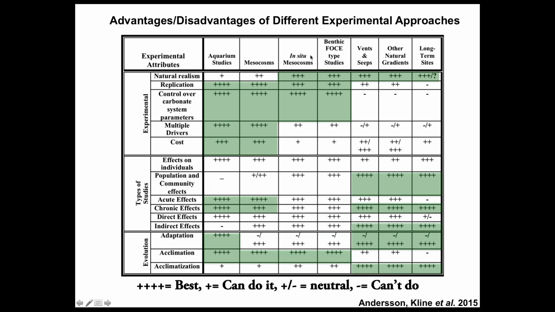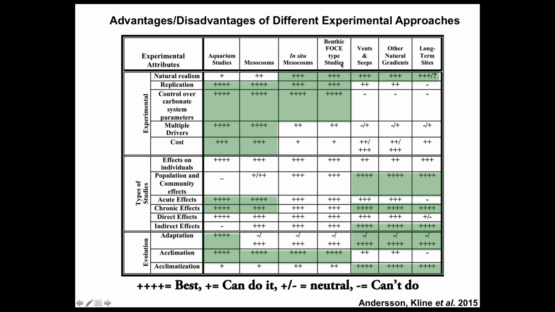In situ mesocosms, they're much better for natural realism. They're a little more difficult to replicate because of the cost and logistical challenges of doing studies in the field, but they can give you good control over the carbonate parameters, and they can be good for acclimation studies.